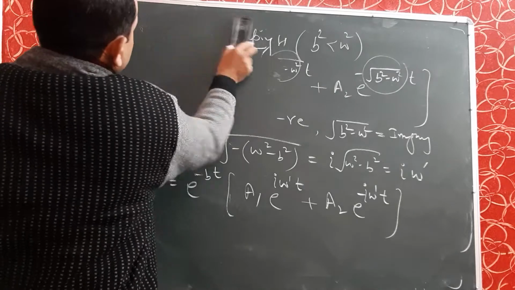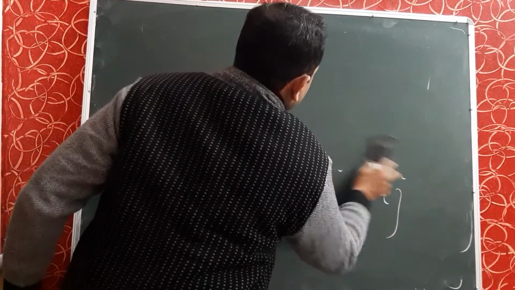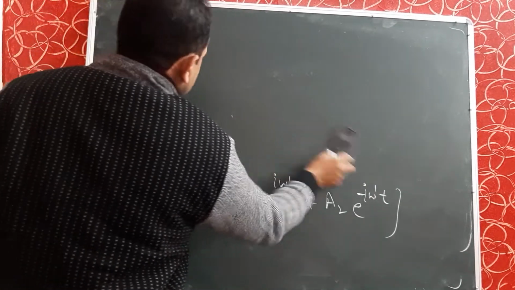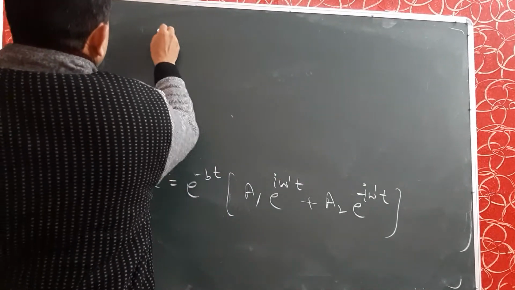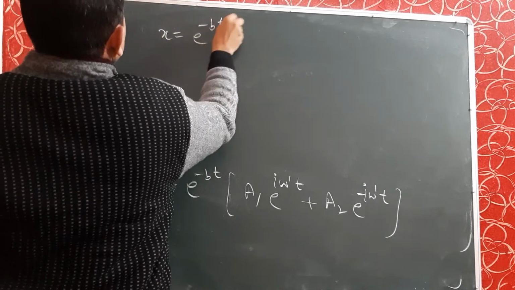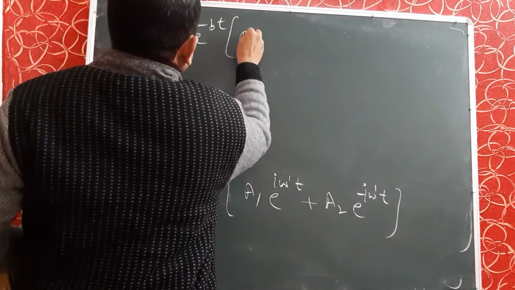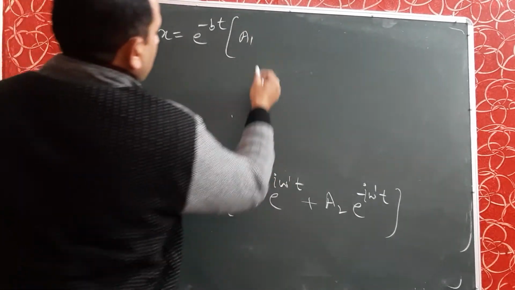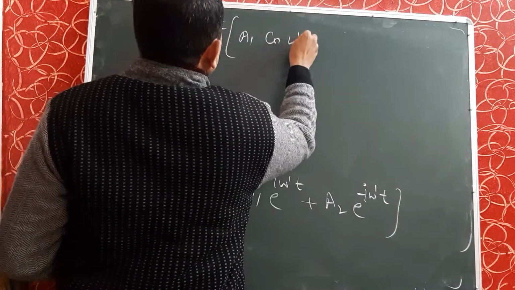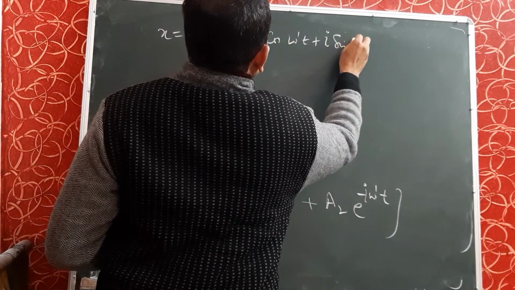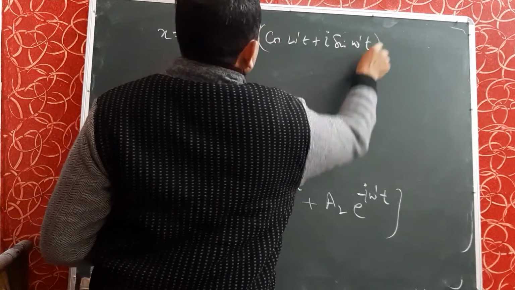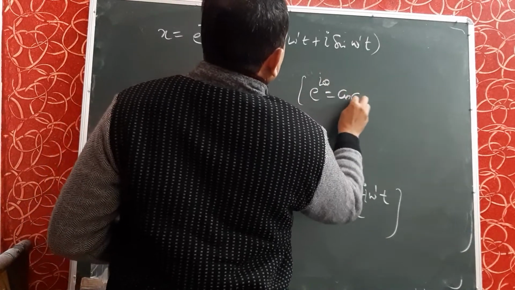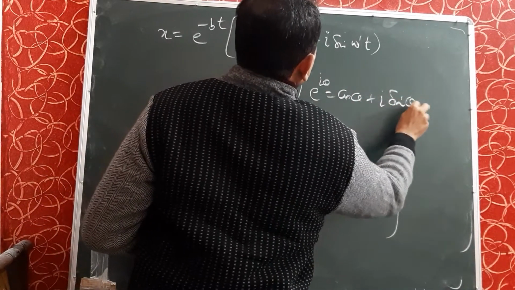Now, we will solve this: e power minus bt into a1. You know that e raised to power iota theta is cis theta, that is cos theta plus iota sin theta.